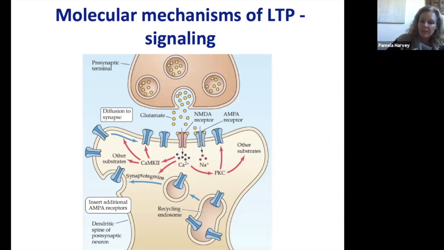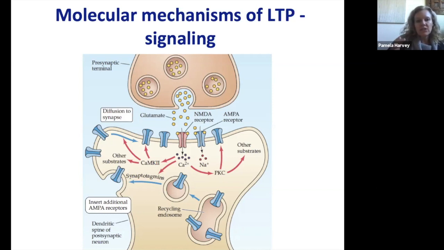And the calcium does a number of different things. One of the things it does is activate CaM kinase 2, which phosphorylates AMPA receptors that relocalize to the synaptic terminal, so that they are poised and ready to receive information, and the concentration of receptors is increased where things matter.